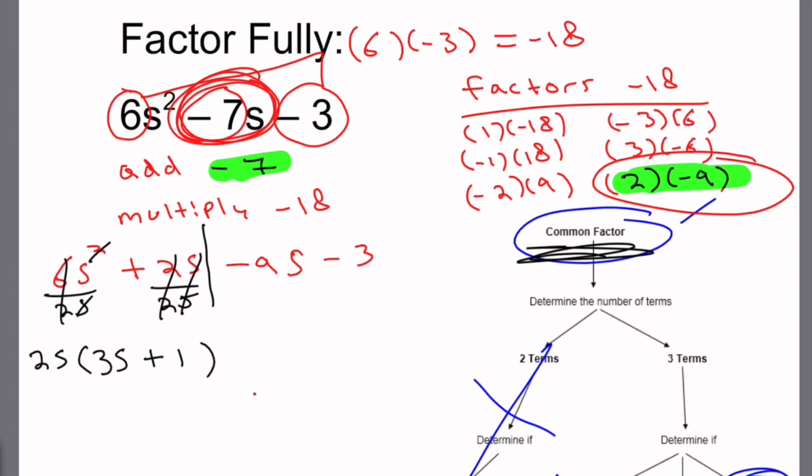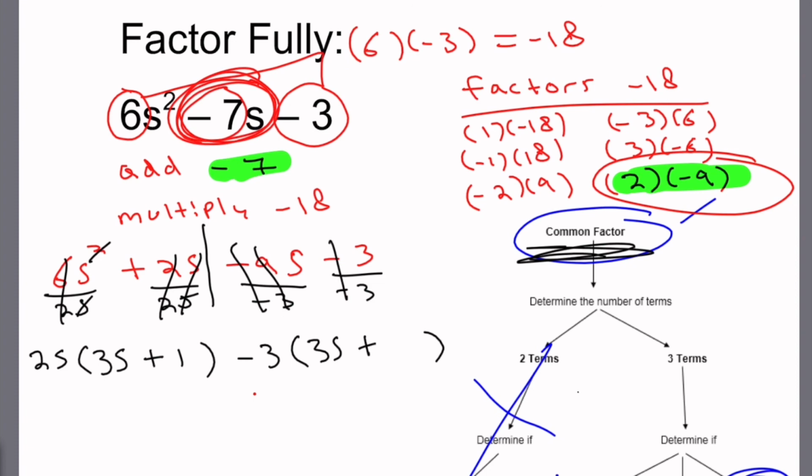And on the right side, -9s minus 3, we can take out a -3. And if we divide -3 here and -3 here, we should be left with the exact same bracket, right? So negative divided by negative cancels. 9 divided by 3 becomes 3. And then the s is still there. And on the right side, the negatives cancel, so it's going to be plus.